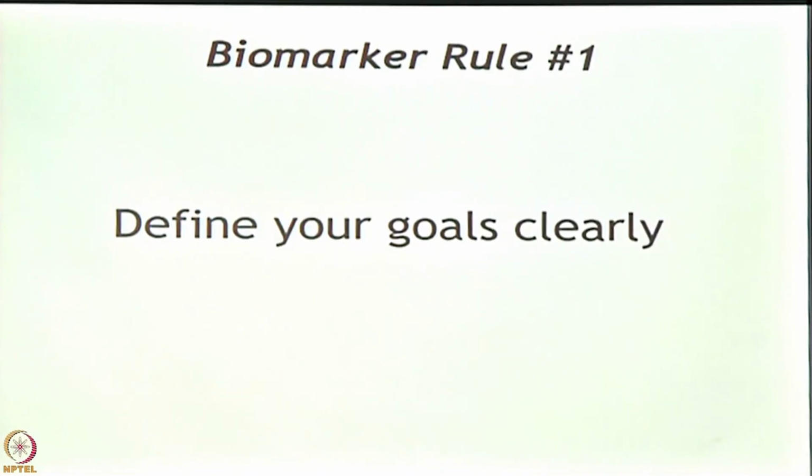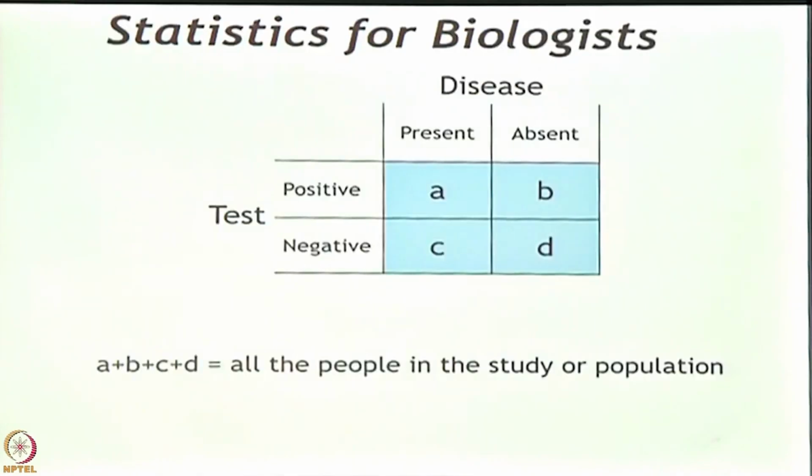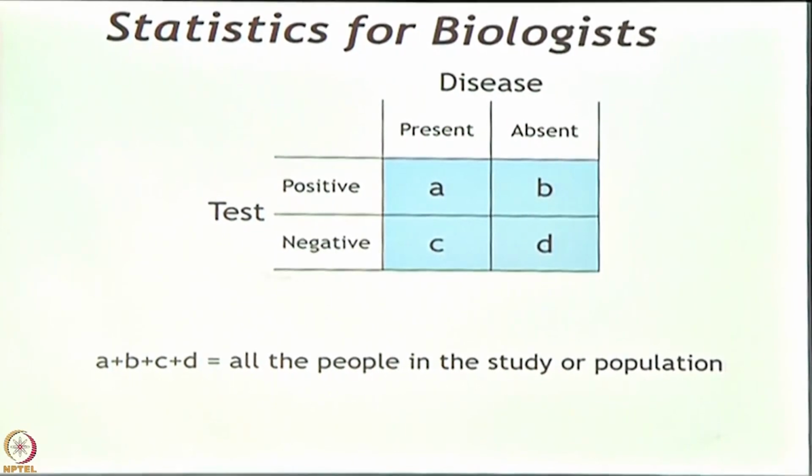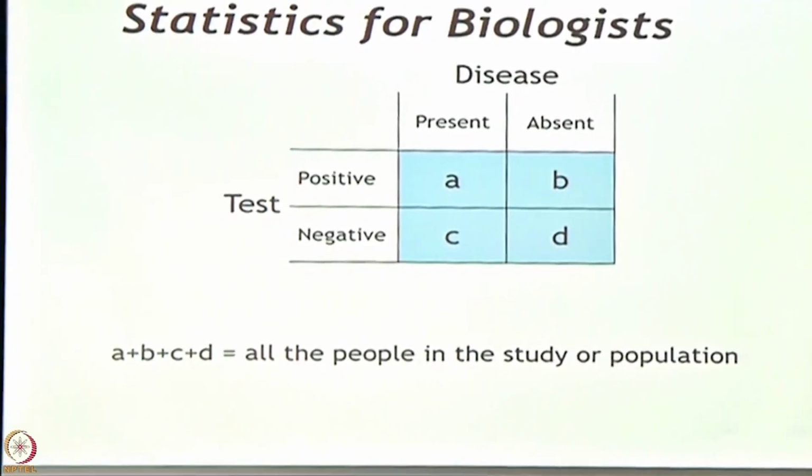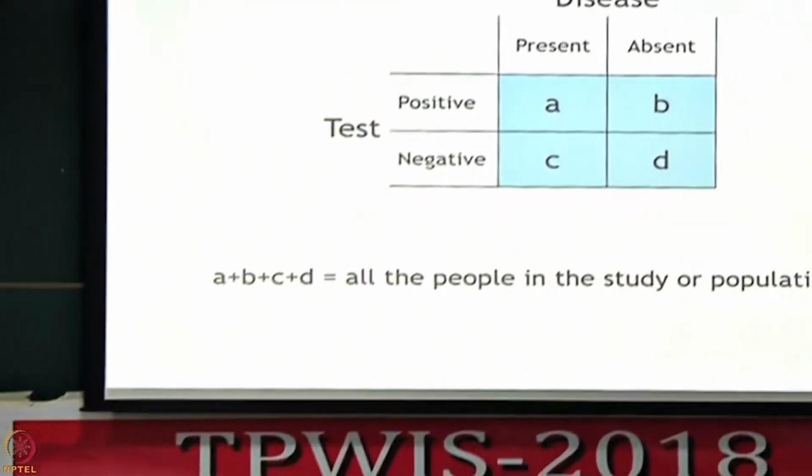So let's diverge now and talk a little bit about the statistics of biomarkers. Okay, so this is obvious, right? You have a population of people. Some of the people have the disease and some people don't. That's true of any population anywhere. You've got some people in that population that have it and some people that don't.